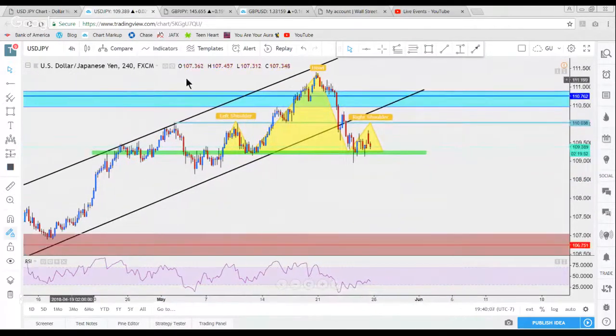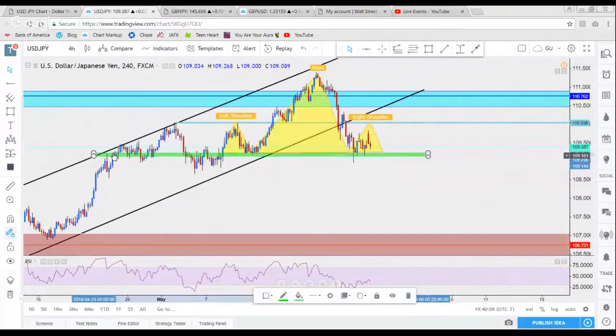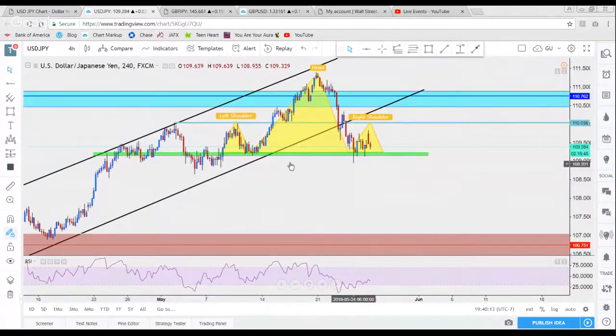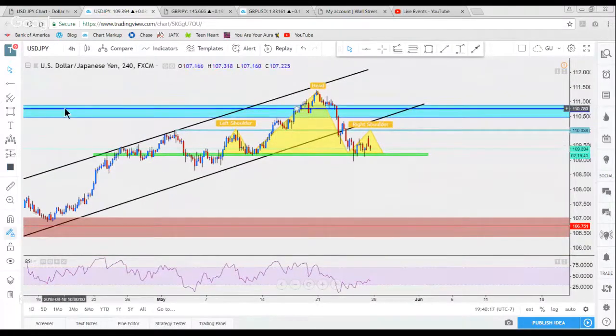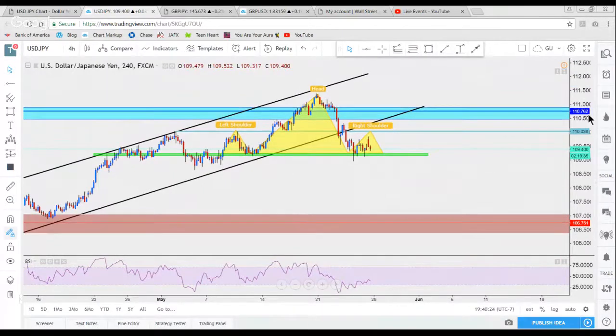So this area is a very important area for price reversal. If you're looking at all these wicks and touches in this area, you know that this area is important. So I just think it's important to note that this head and shoulders decided to form in this little area.